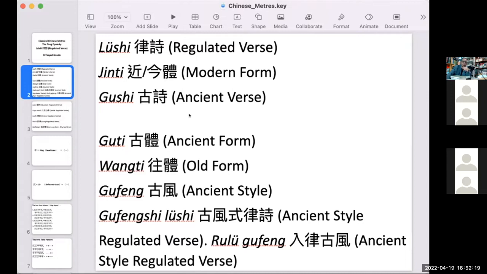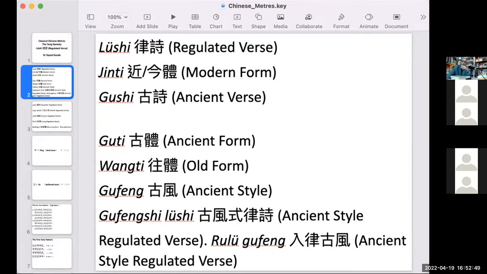And because it still received that influence from the Gushi, there was another pattern other than the regulated verse, other than the Li Shi. There was another pattern that was a mix between what prevailed in the Tang Dynasty and what they got from the Gushi, from the ancient verse. And so it was like a mixture.